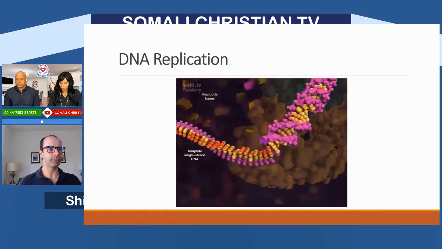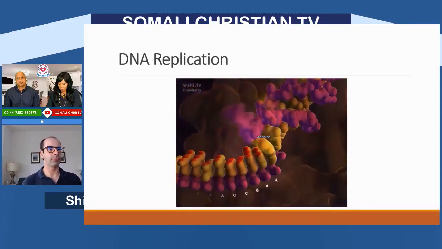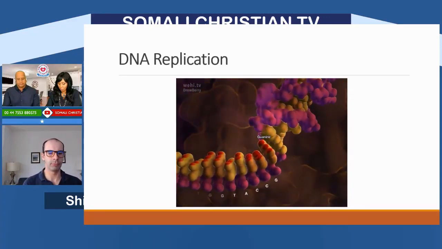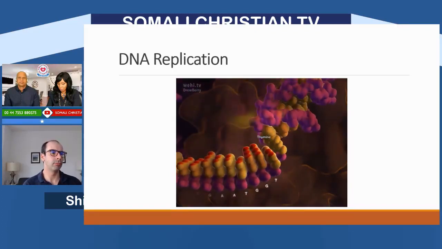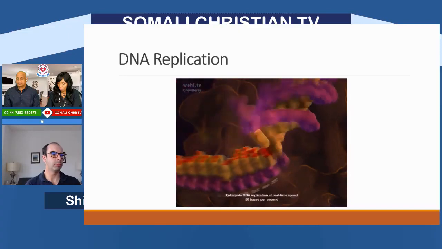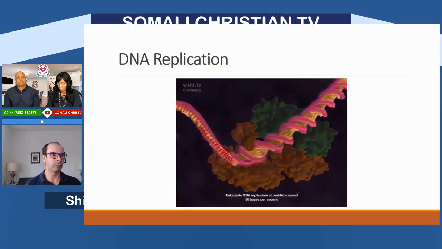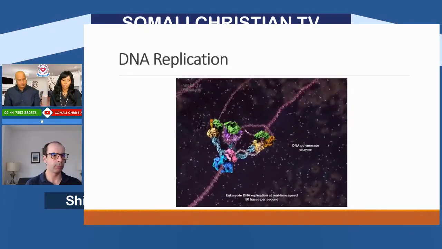The genetic code in the template strand is paired to free-floating bases, matching cytosine to guanine and adenine to thymine. DNA polymerase creates an exact copy of your DNA code, making less than one mistake in a billion bases.